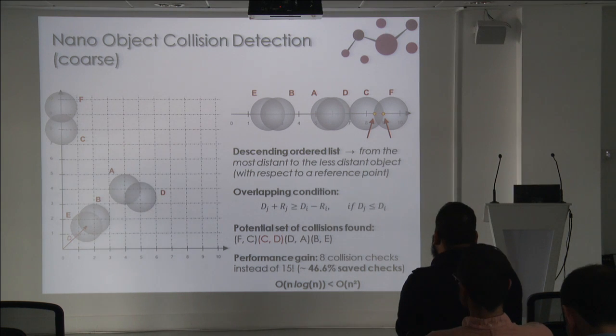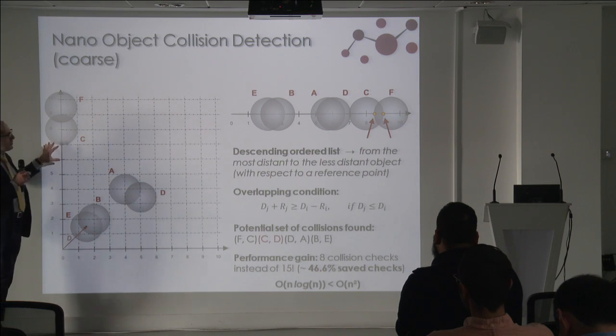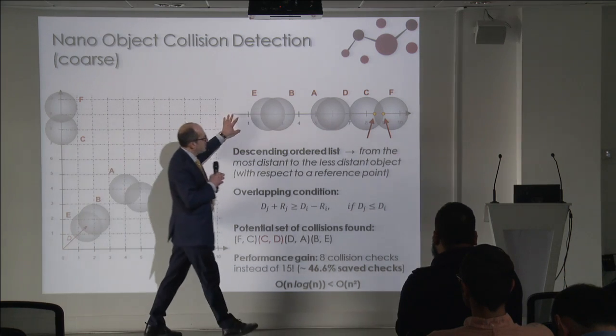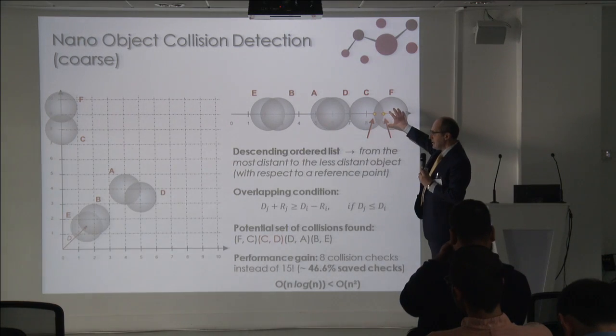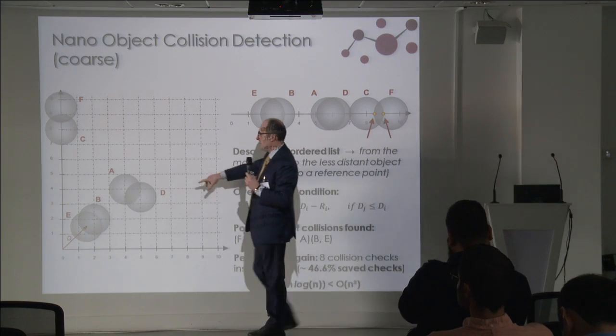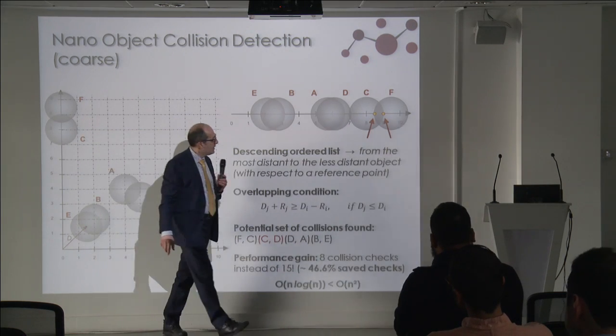So the first step for checking collisions is to transform this two-dimensional or three-dimensional problem, if we use 3 dimensions, into a single monodimensional problem. We just represent here the distance of all these elements from a reference point, for example, the origin of the axis.